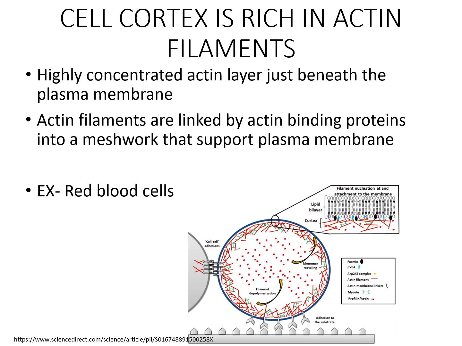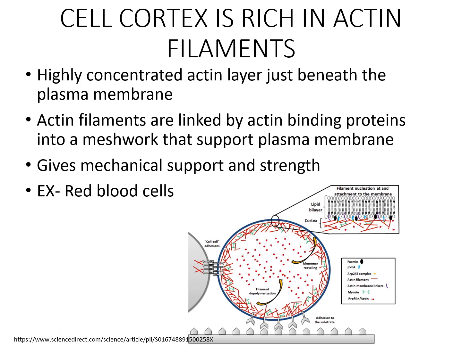These actin filaments are linked by actin binding proteins into a meshwork that supports the plasma membrane. Since animal cells do not have a cell wall, this cell cortex provides mechanical strength to the plasma membrane.